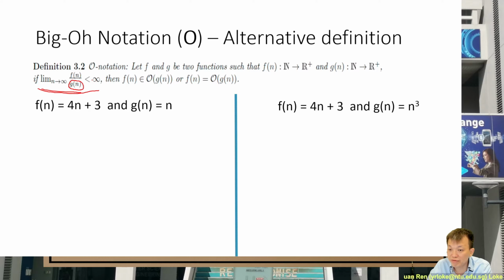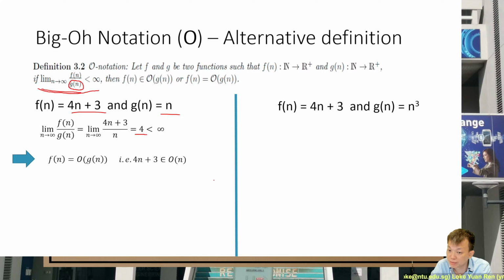If it goes to infinity, that means f(n) grows faster. So I can also use this alternative definition for big O notation. For example, take the same example we showed earlier: the limit of 4n plus 3 over n gives you 4, which is less than infinity, so I can make the conclusion easily.